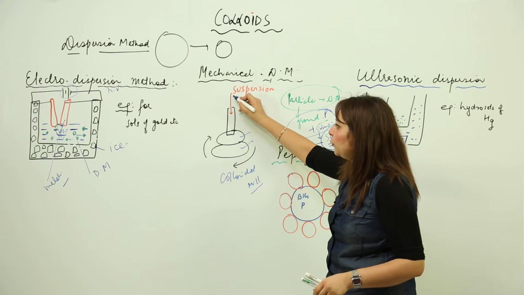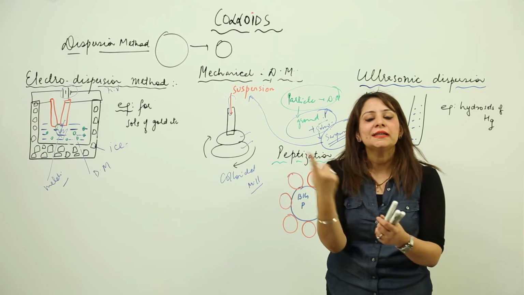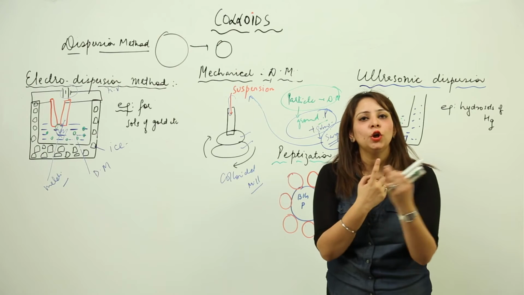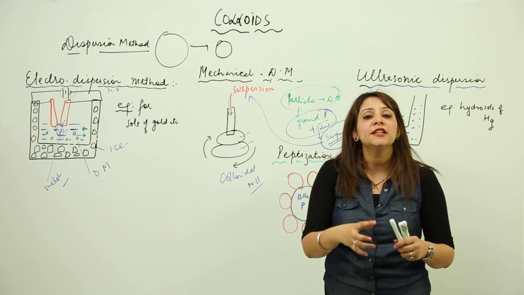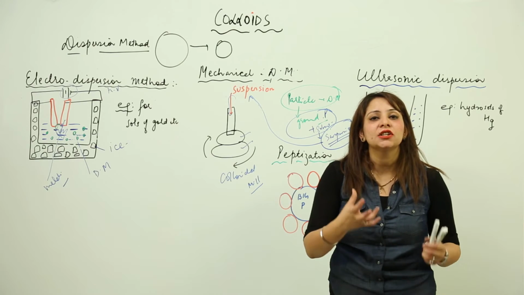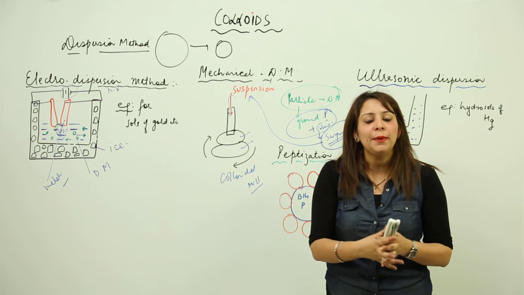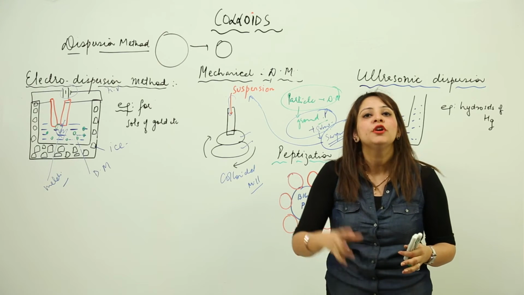So we pour the suspension from here and switch it on, and one disc rotates clockwise and the other anti-clockwise, and in doing so they further grind the particles. After that, the particles get broken up into smaller particles that fall in the range of colloidal particles.